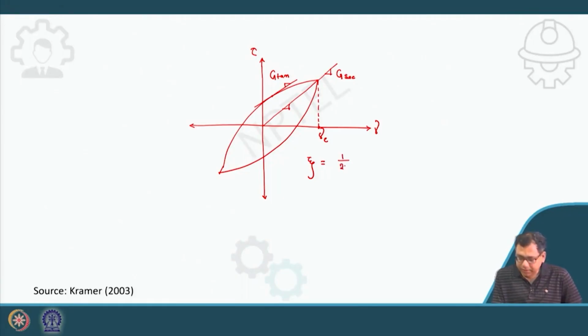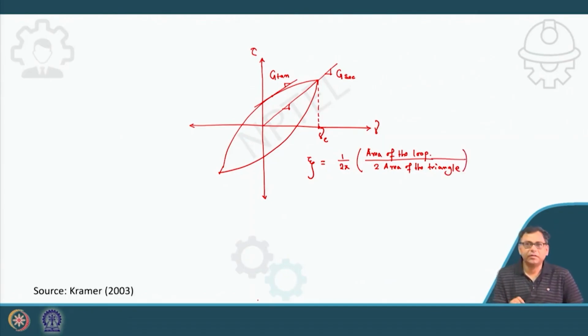Now, we have already discussed that our damping ratio is equal to 1 by 2 pi, then the area of the loop divided by the area of the triangle, where both the triangles are the same. This is the triangle that I have discussed already.